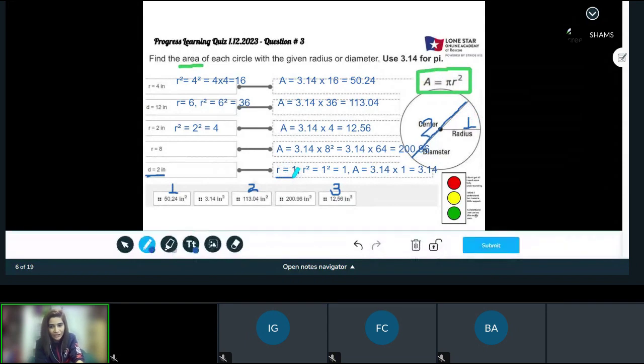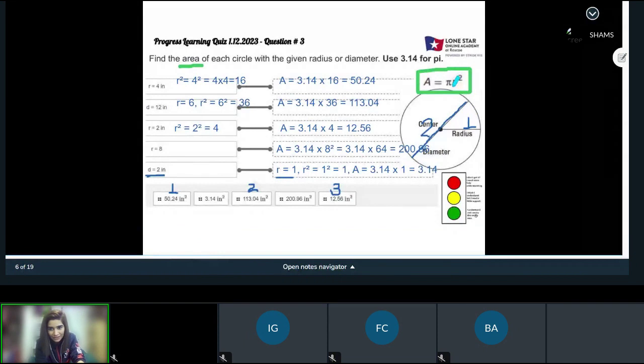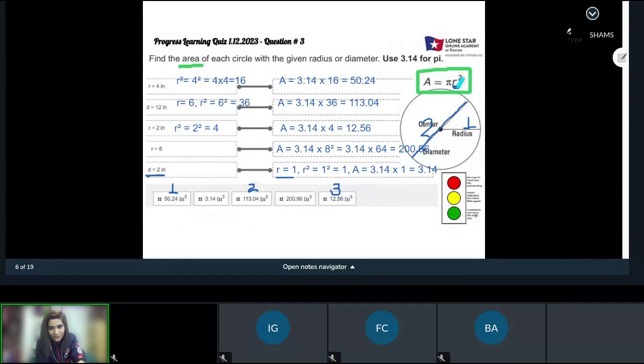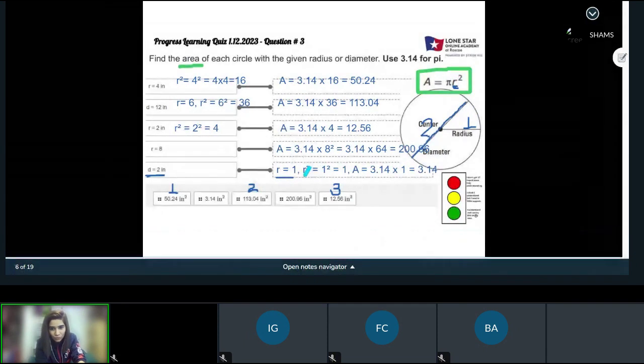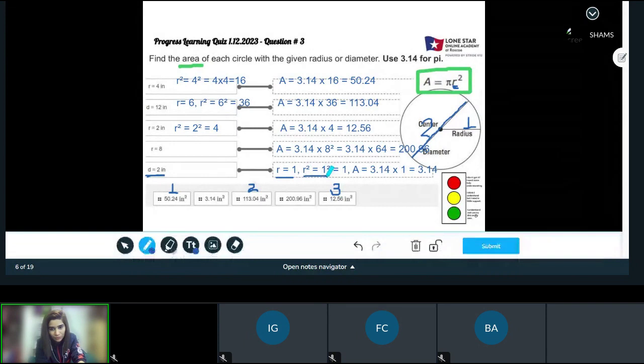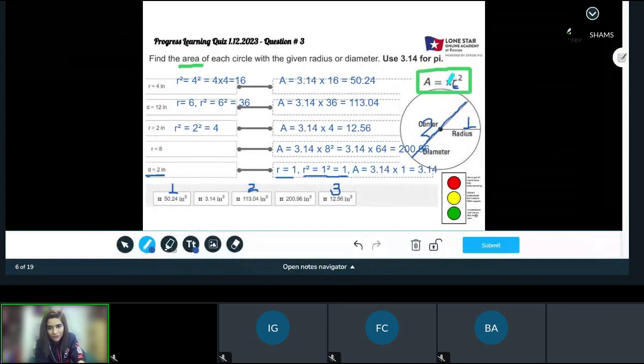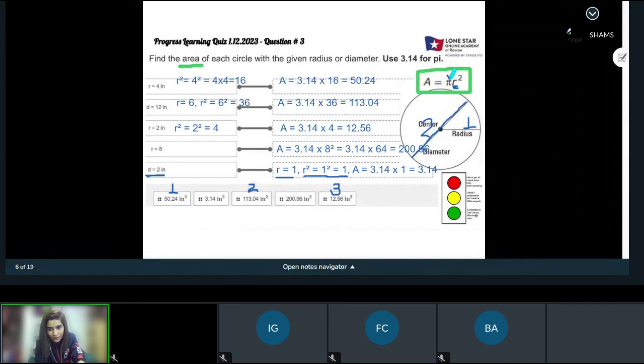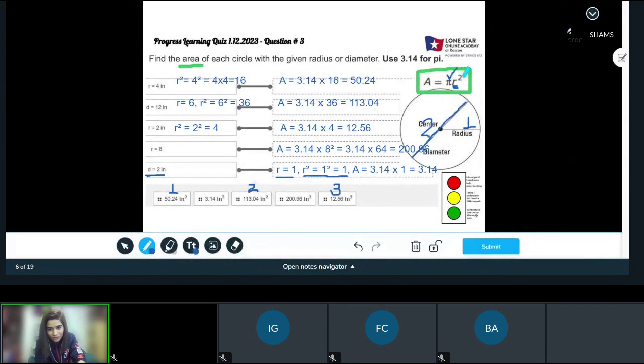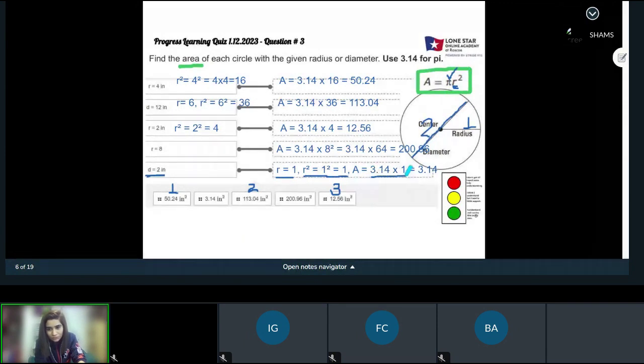Then to find area of a circle, see this part says I have to square the radius. Square the radius means 1 times 1. When I multiply 1 by 1, I get 1. To find area of the circle, I then multiply by pi. Pi times radius squared. So when I do pi, 3.14, times 1, I get 3.14.